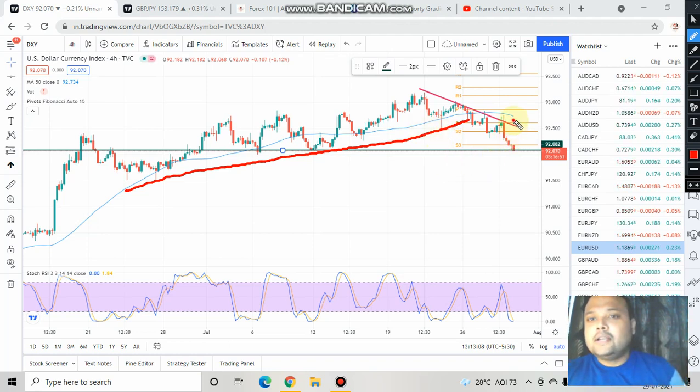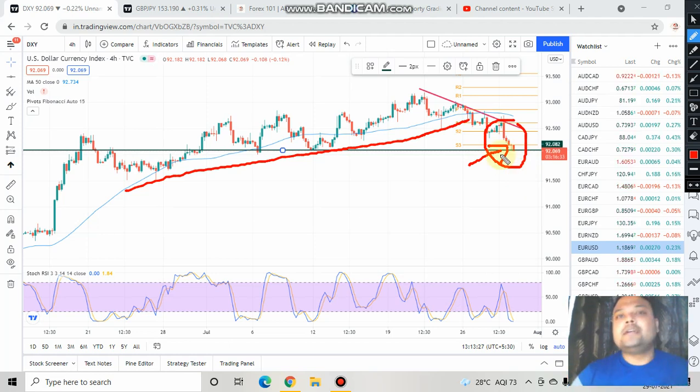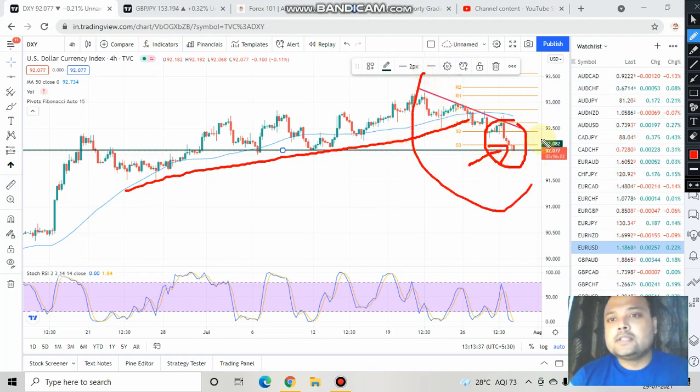So right now the dollar is extremely bearish, and we have a support here, but looking at the present selling pressure in the market, it seems that the dollar will break this support and go below. Therefore, we can't be sure where the dollar will take rest, but it is very clear to us that the US dollar is under the sellers' dominance right now. Right now the sellers are dominating this market here.